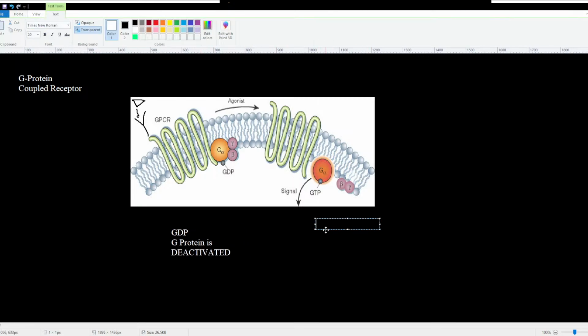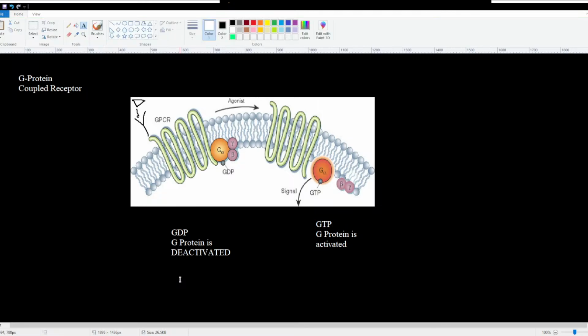And then vice versa for GTP. GTP: G protein is activated. So GDP, D for deactivated, GTP, you get the idea.